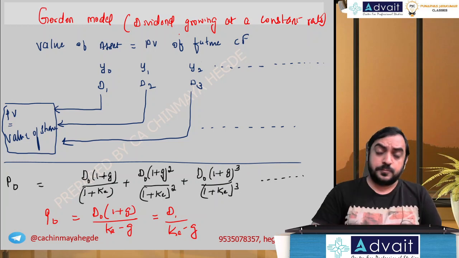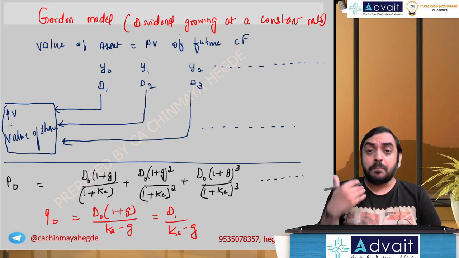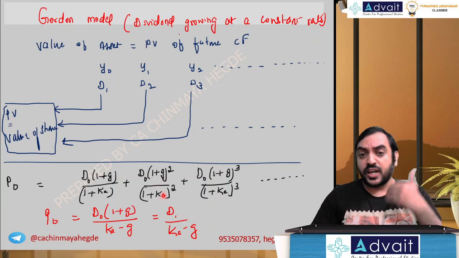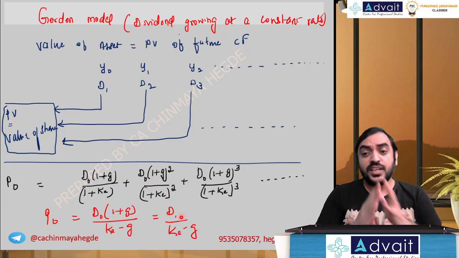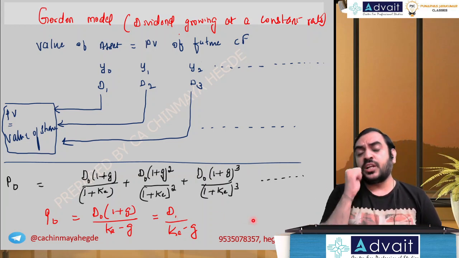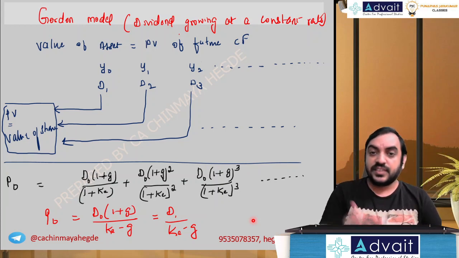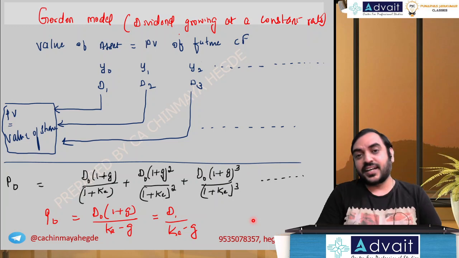The reason I had to show you this derivation is that many people have a misconception. When I give you the formula directly, D1 by (k minus g), some people ask me: why are we taking only the first year dividend, D1? Why not D2, D3? If you look at the derivation, you understand.